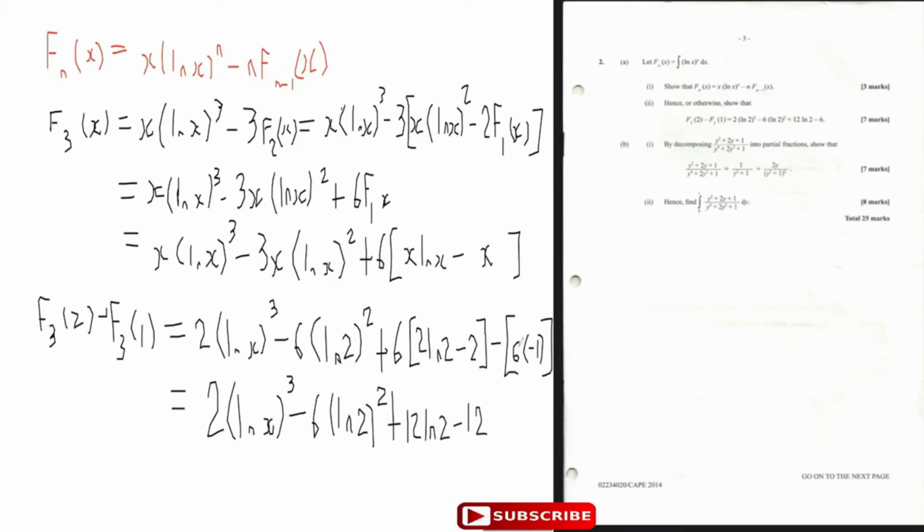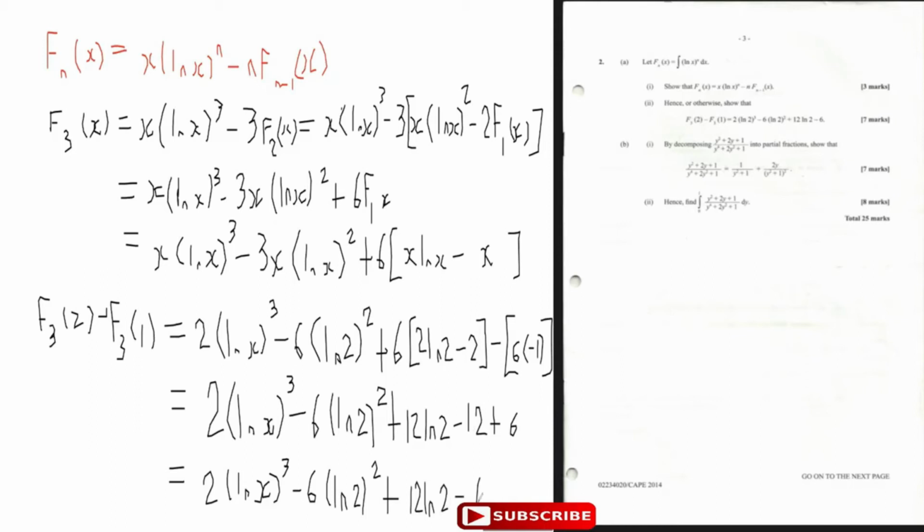Then this looks like minus minus, that becomes plus, so it becomes plus 6. So finally the final answer is 2 (ln 2) cubed minus 6 (ln 2) squared plus 12 ln 2, then minus 12 plus 6 is just minus 6.